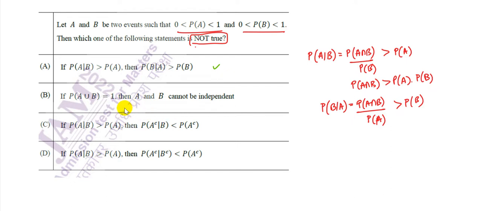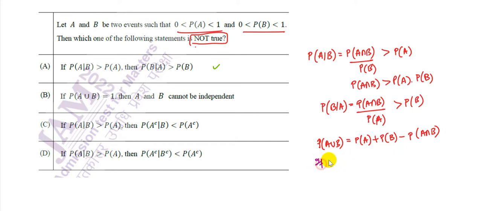If probability of A union B is 1, then A and B cannot be independent. So probability of A union B is probability of A plus probability of B minus probability of A intersection B. Now let us assume that A and B are independent.